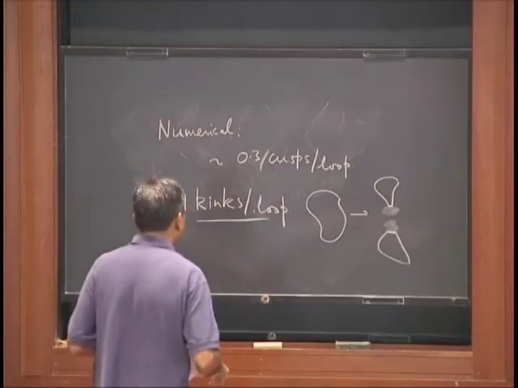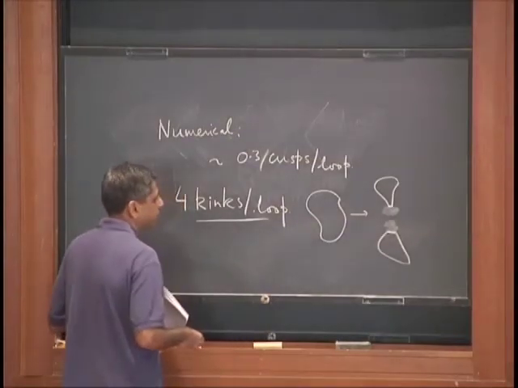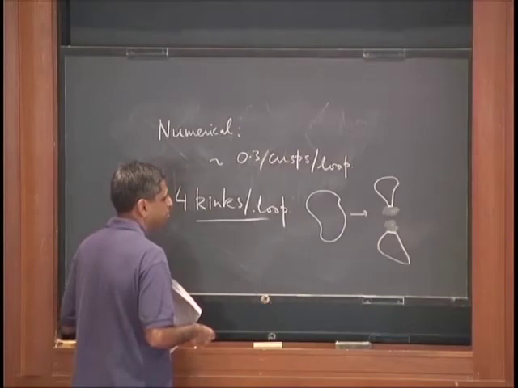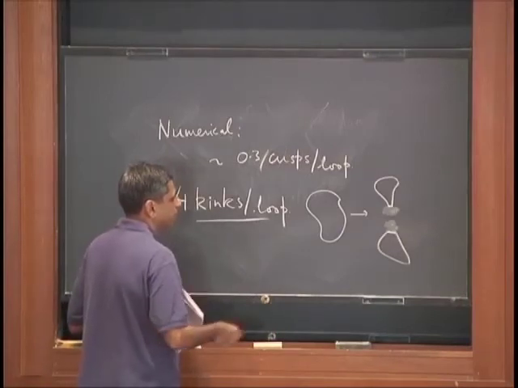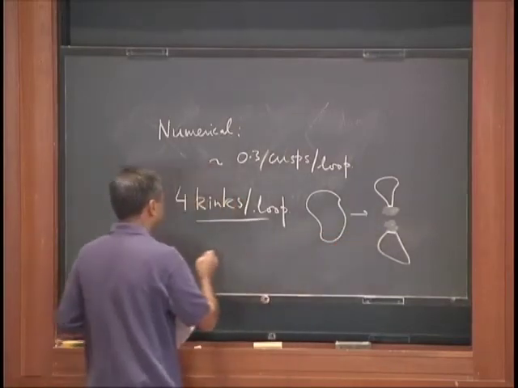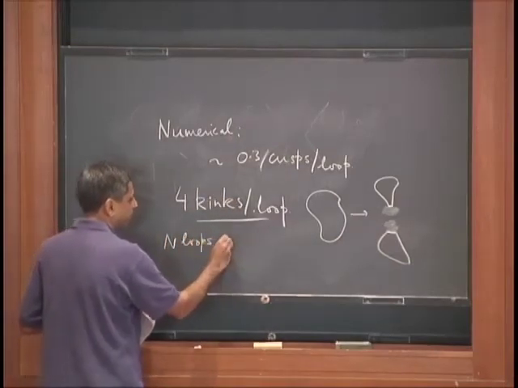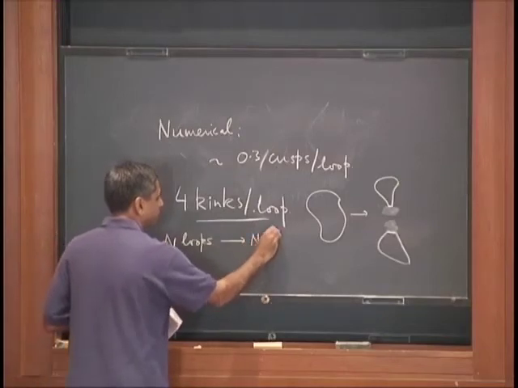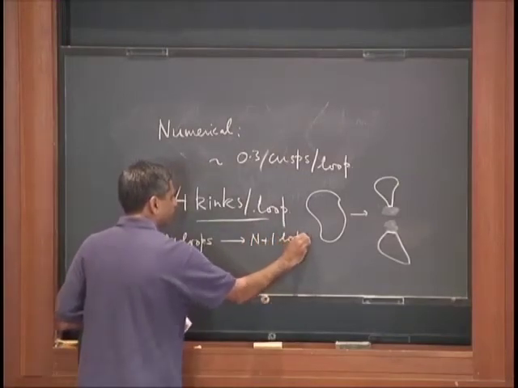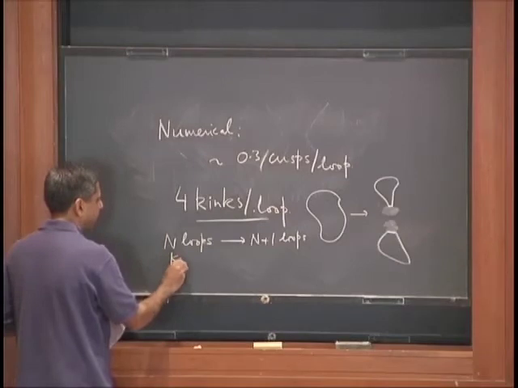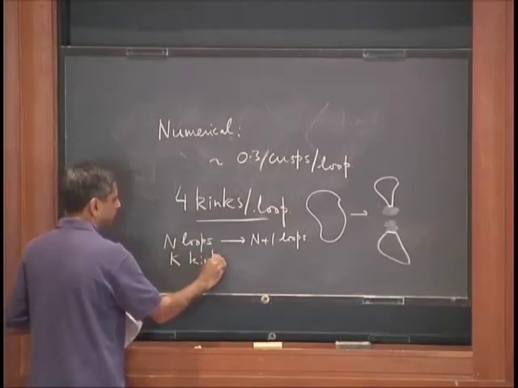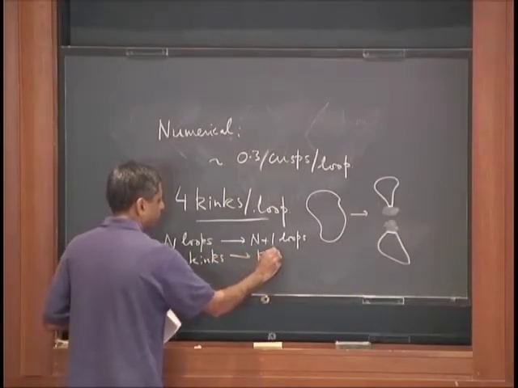Okay, so it gives you 1 more loop. So let's say you have n loops, and you have 1 intercommutation. Then it goes to n plus 1 loops. And if you had k kinks here, then you would get k plus 4 kinks here.